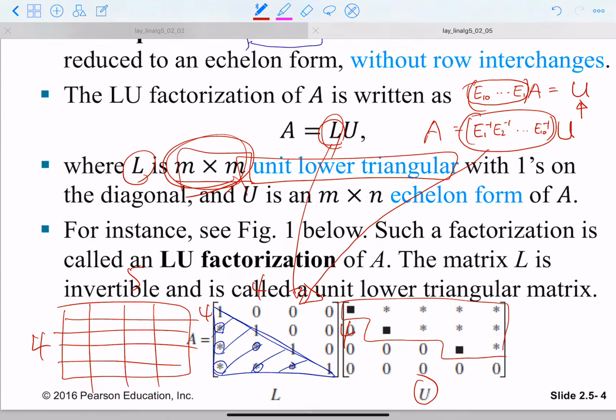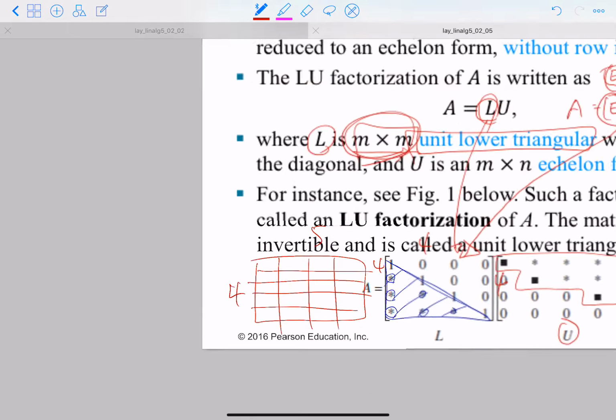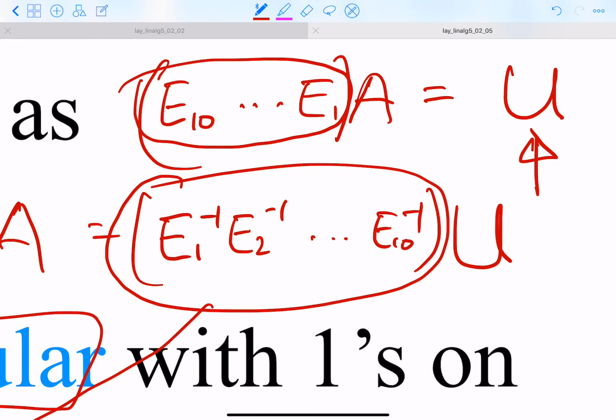In the case of A as a 4x5 matrix, each elementary matrix is a square matrix multiplied on the left, so every elementary matrix is 4x4. Every elementary matrix is invertible, and so the whole product of the inverses will also be a 4x4 matrix.